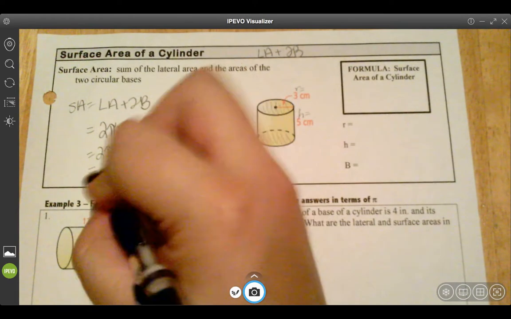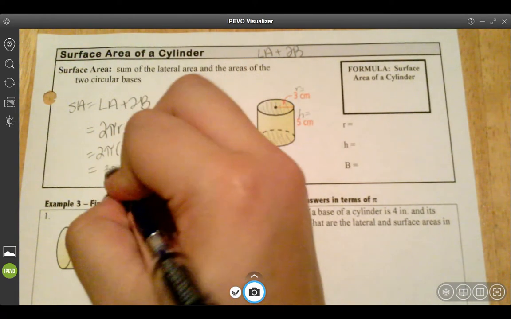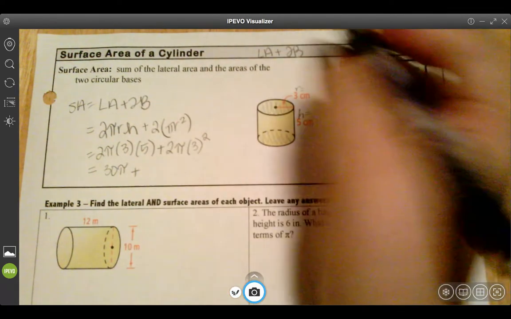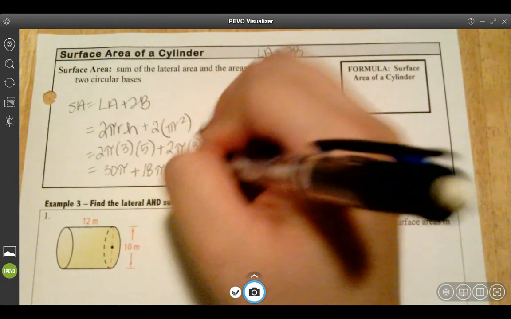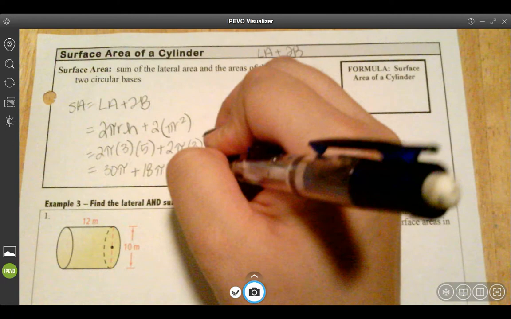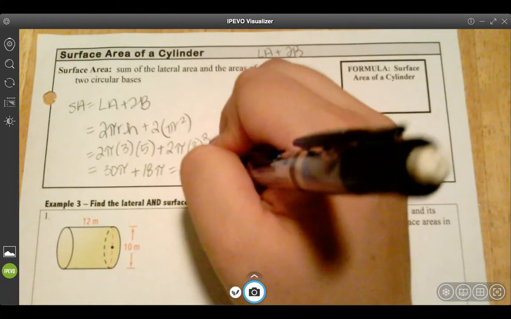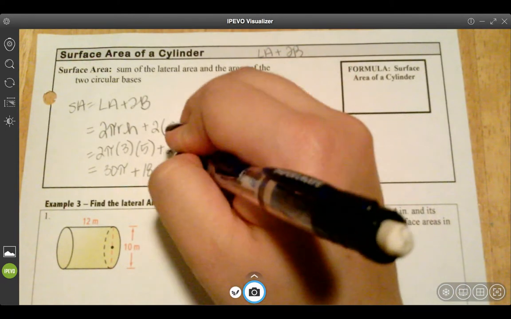So that's 30 pi plus 9 times 2 is 18 pi, giving us 48 pi. Units are centimeters. It's still an area, so it is squared.